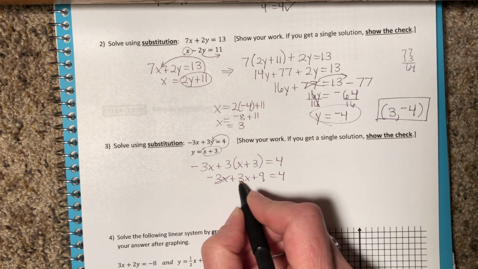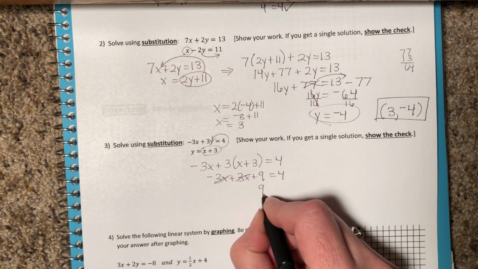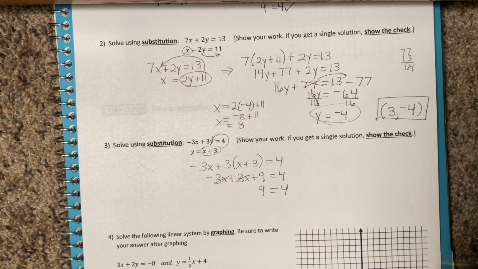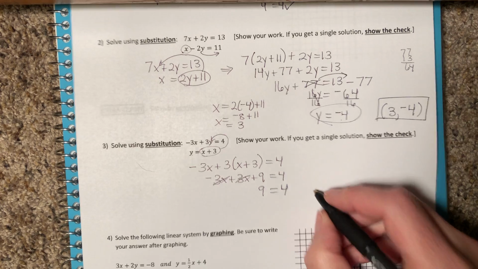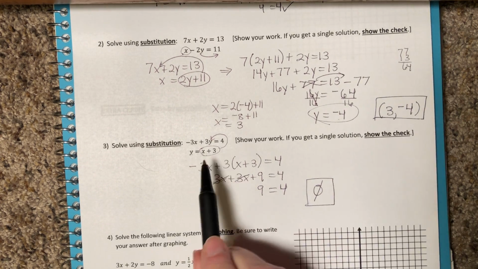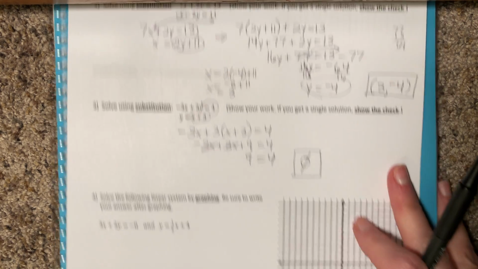Well, my x terms cancel, and I get 9 equals 4, which of course is nonsense. So if you get a nonsense result like this, then it's no solution, meaning those two lines would be parallel. They're not going to intersect at all.